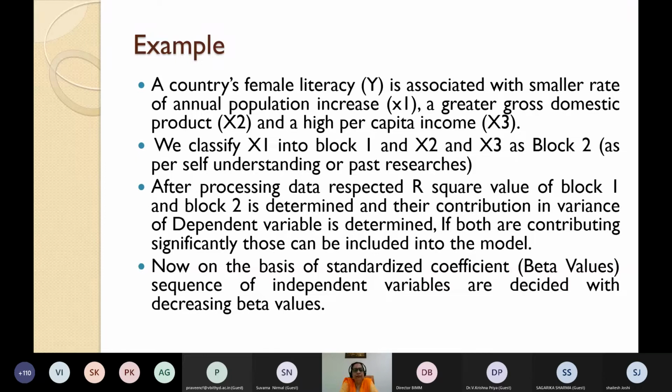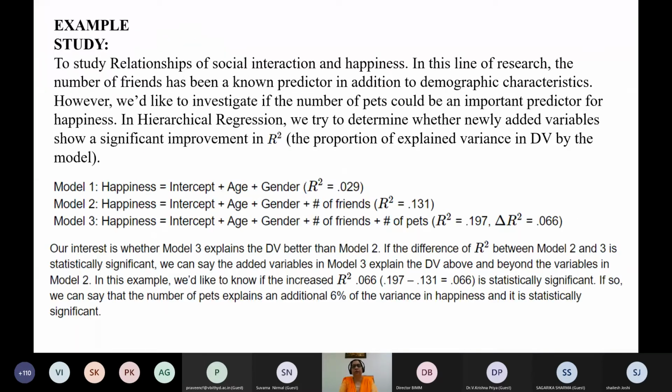If both are contributing significantly, both are included in the model. Now, on the basis of the standardized coefficient beta values, the sequence of independent variables is decided, which decreases the beta values.